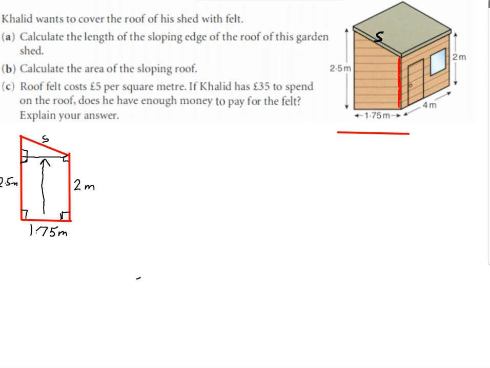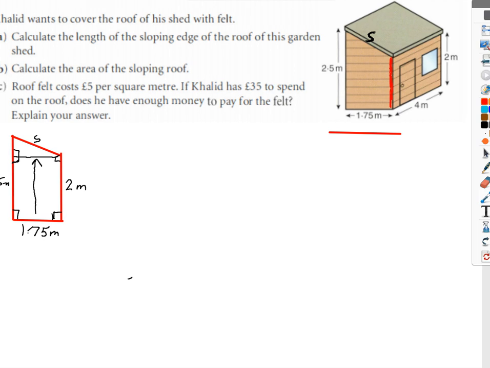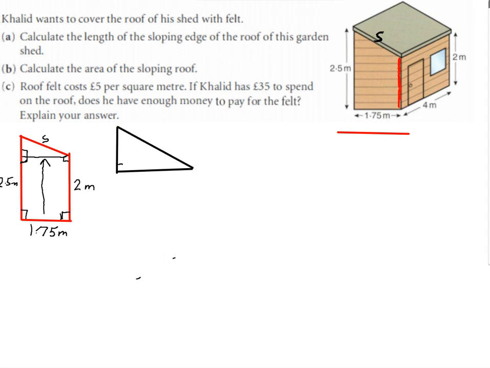Just to make it clearer, I'm just going to draw that triangle out again at the side. This is our sloping roof, slope S, base of 1.75 metres, and a height of 2.5 minus 2, so 0.5 metres.